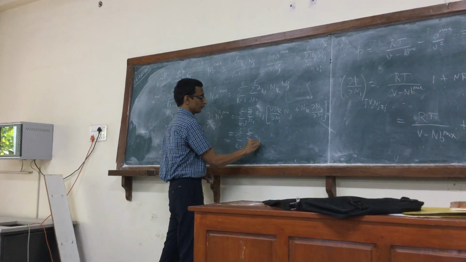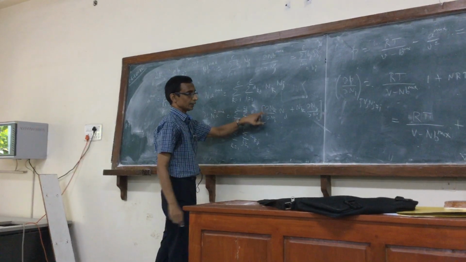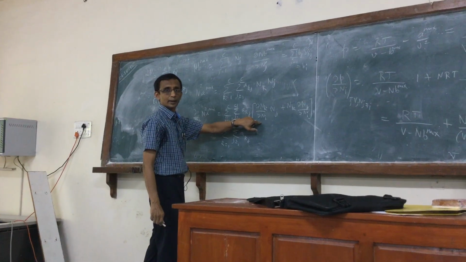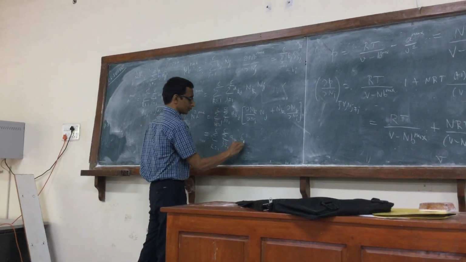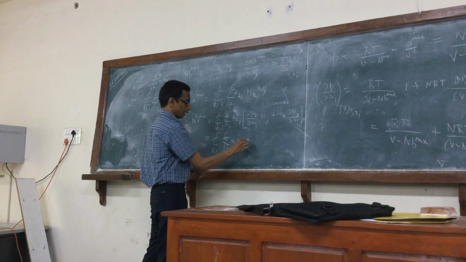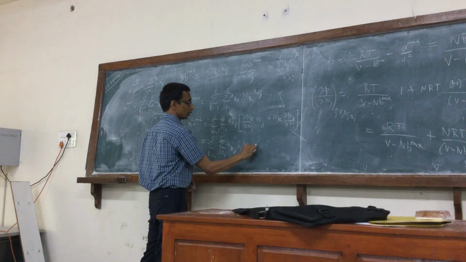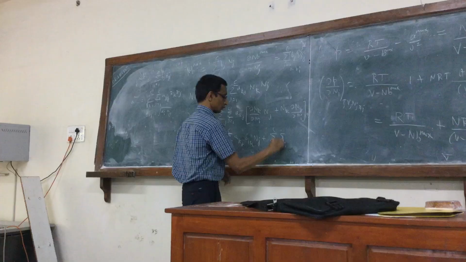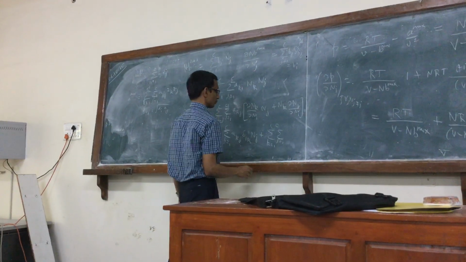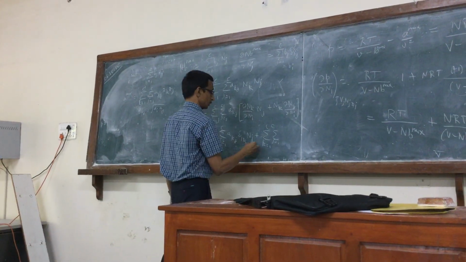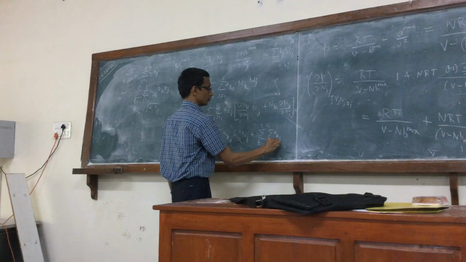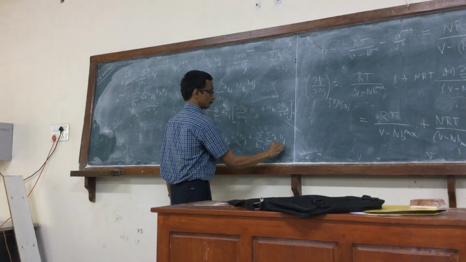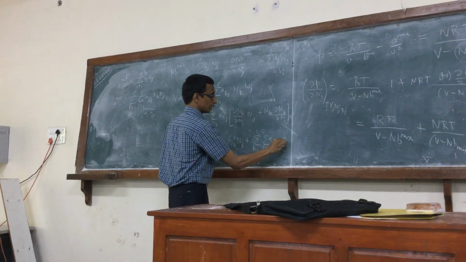The first sum would have akj, dnk by dni is delta ki or delta ik, doesn't matter, times nj, plus the sum over k from 1 to c, sum over j equal to 1 to c, akj, nk, delta ij.